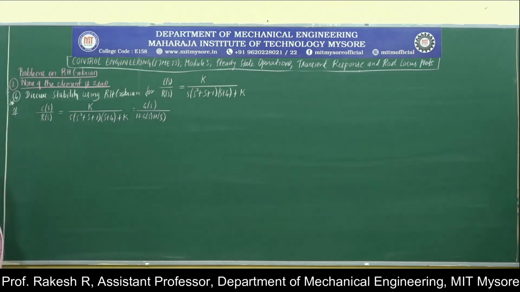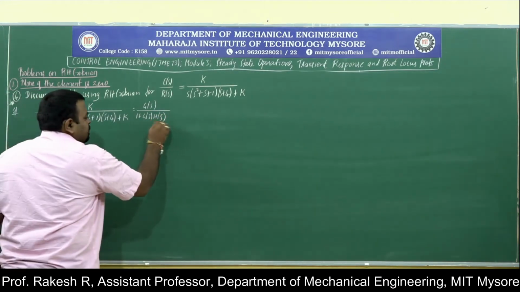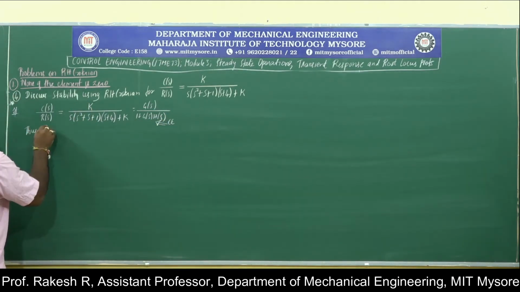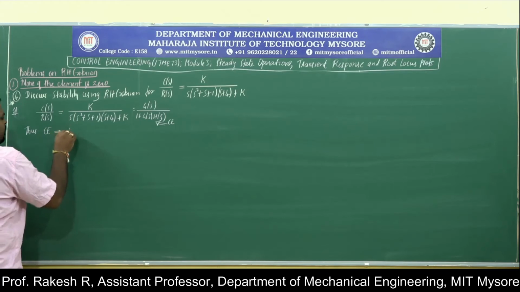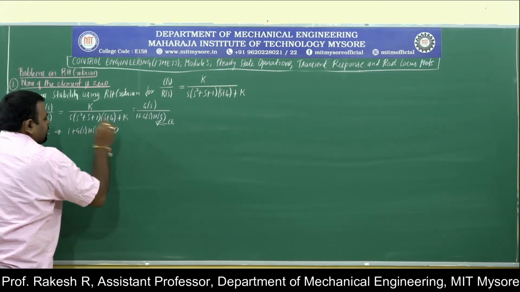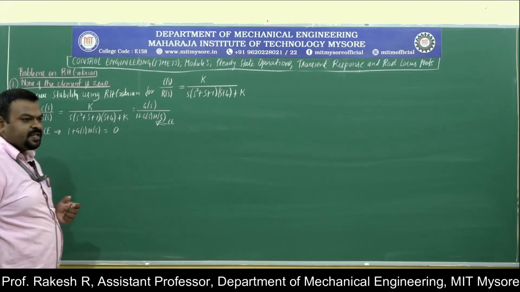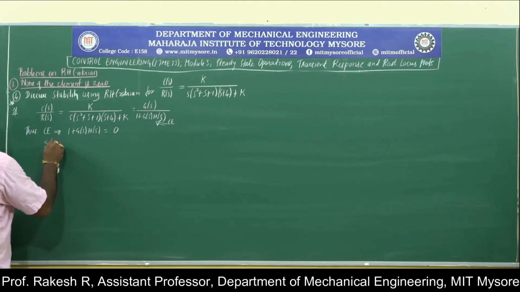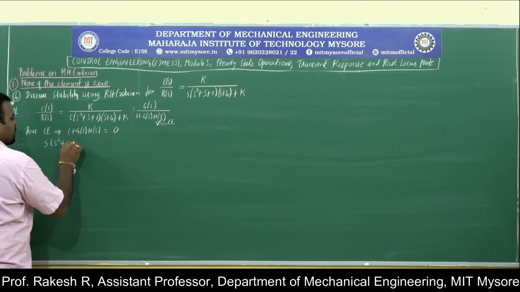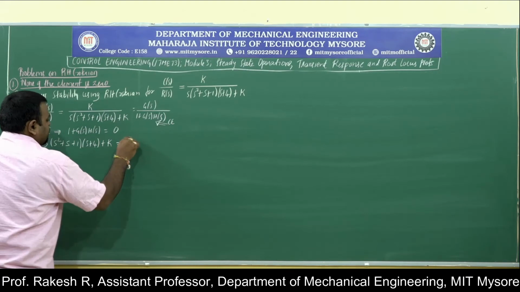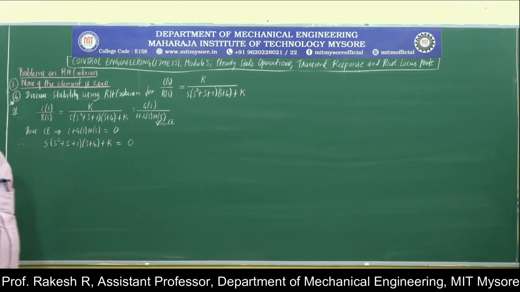Here what I need is the characteristic equation, 1 plus G of s H of s equal to 0. Where is this characteristic equation? It is in the denominator. Take the denominator: S into S square plus S plus 1 into S plus 4 plus K equal to 0. This is the characteristic equation.